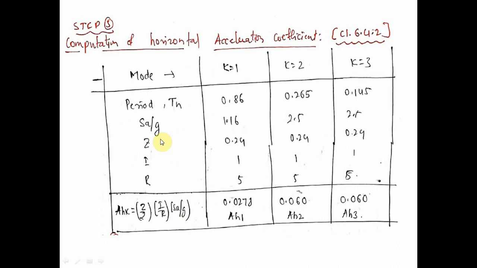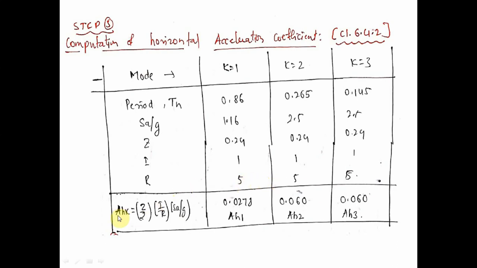Z is the zone factor. For zone 4 I have the value 0.24. I is the importance factor. For a commercial office building or residential building, the importance factor is 1. Now R is the response reduction factor. For SMRF with ductile detailing I have R as 5.